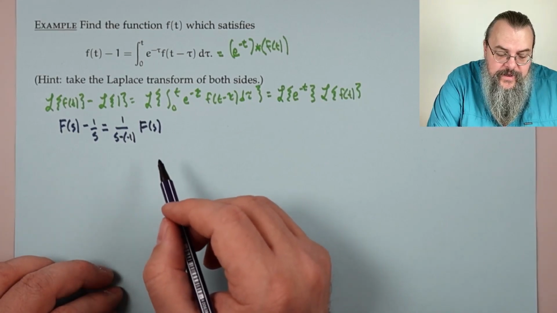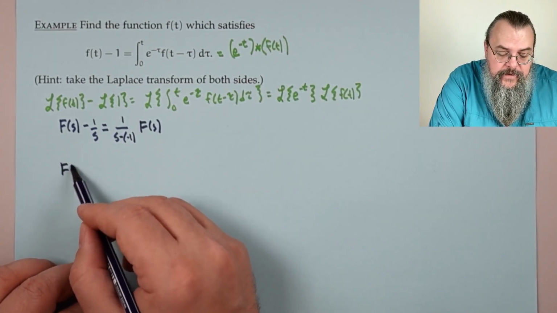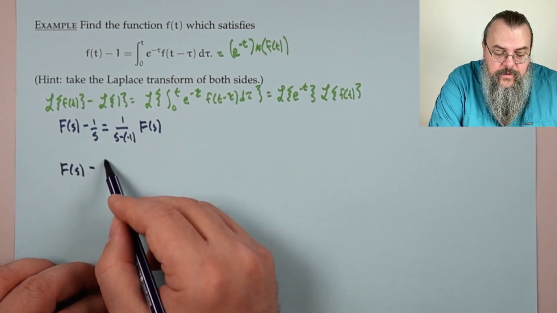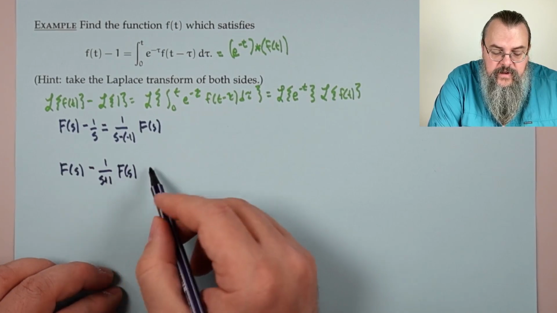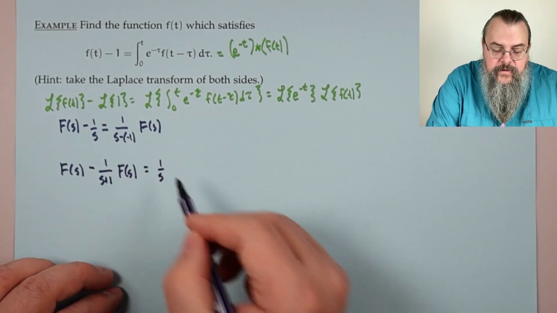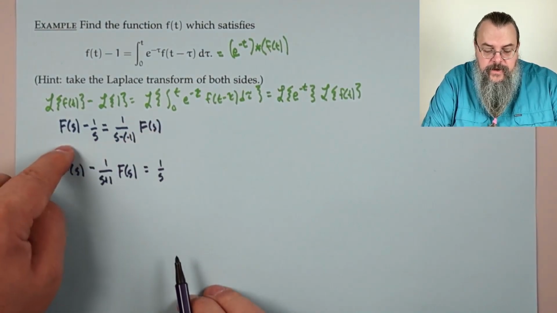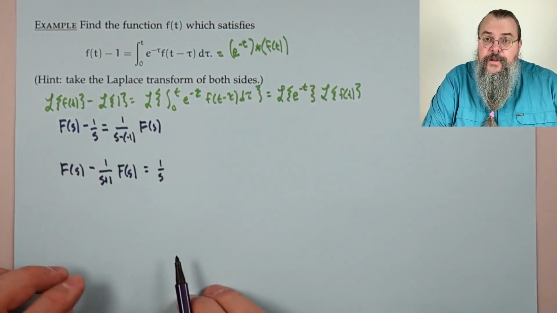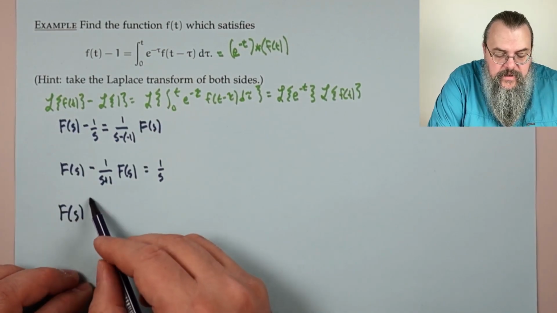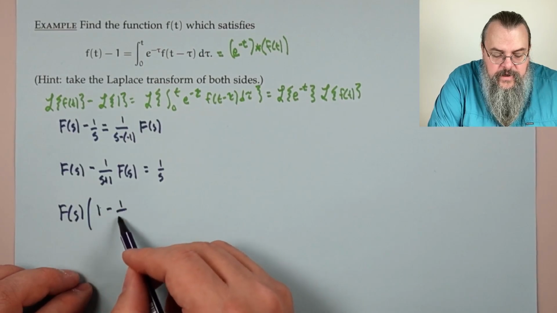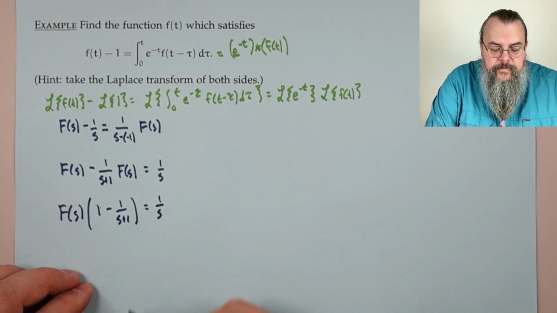Well, let's rearrange. We get F of s minus 1 over s plus 1 times F of s is equal to 1 over s. Yes, because we moved the 1 over s, and minus 1 makes plus 1. So this is F of s times 1 minus 1 over s plus 1. That has to equal 1 over s.